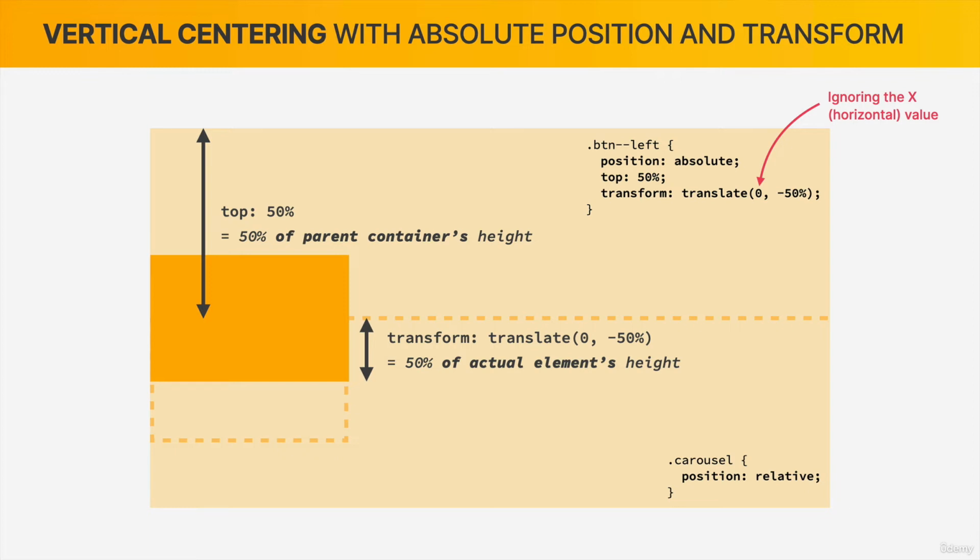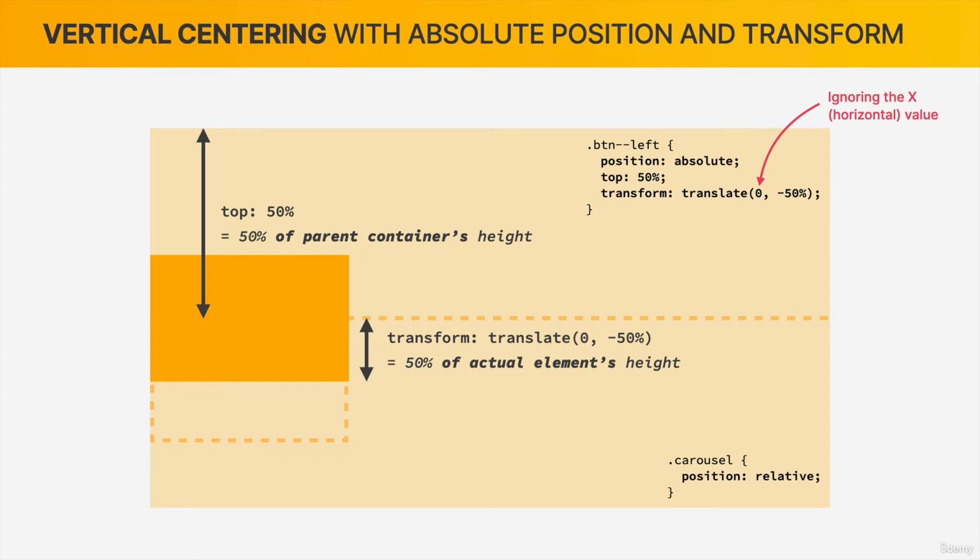So again, the translate property takes two values, where the first one is basically horizontally and the second one is vertically. And so specifying minus 50% means that the element will move up because of the minus, and it will move up by exactly 50% of its actual height. And so by doing this, after the second step, it will be completely centered vertically.